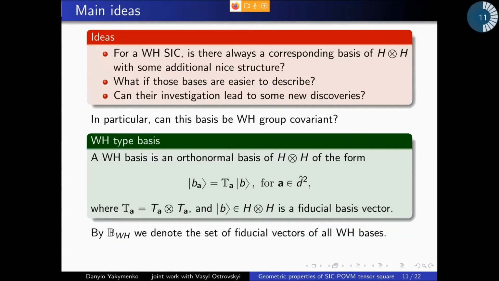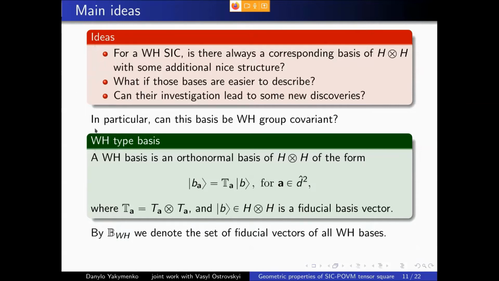Okay, and now what are the ideas of our work, right? First, can this basis have some additional nice structure? What if those bases are somehow easier to describe than the SIC itself? And can it lead to something new, like new discoveries? Those are just abstract ideas, right?